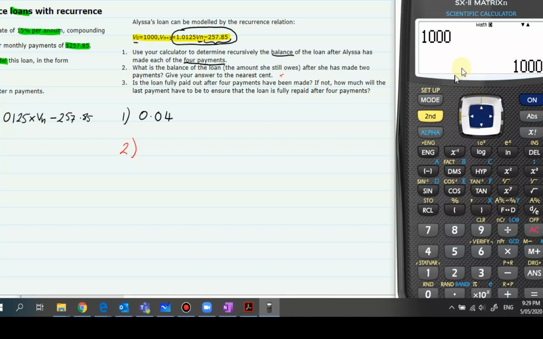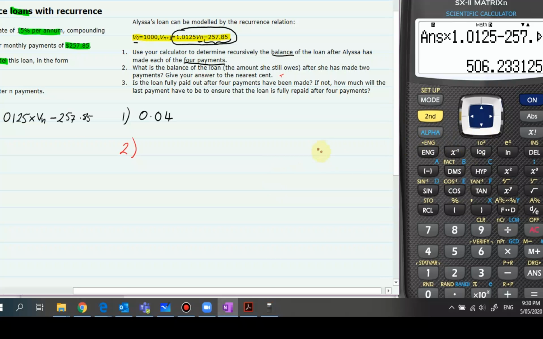Over here on the scientific calculator, most of them will have a scroll function. If we start there at our $1,000 mark, we applied it once. That brought it down to $754.65 as the balance. On the second time, we applied the recurrence relation, we got 506.233125.